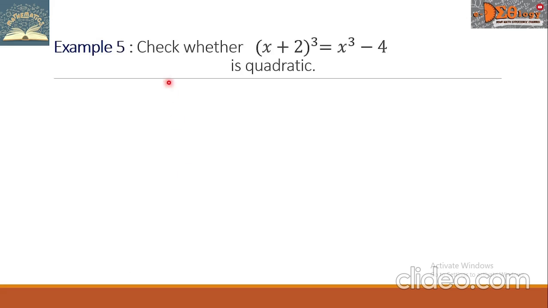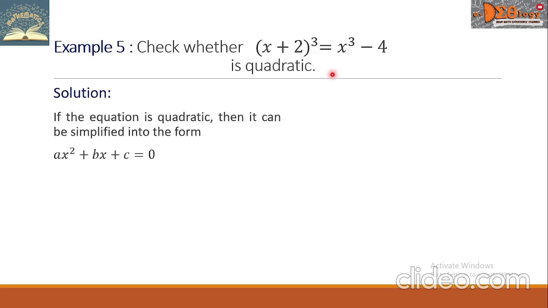Example 5. Check whether the cube of x plus 2 equals x cubed minus 4 is quadratic. If this equation is quadratic, then it can be simplified into this form. Let us now simplify the equation.